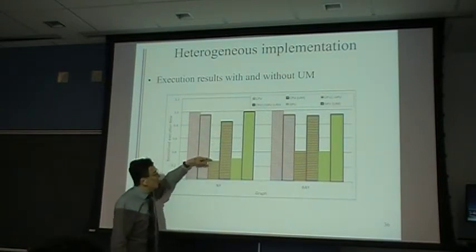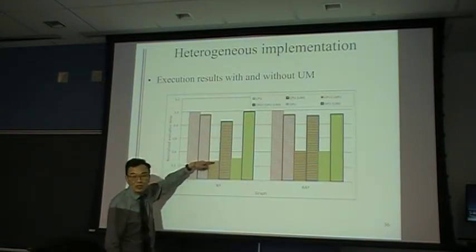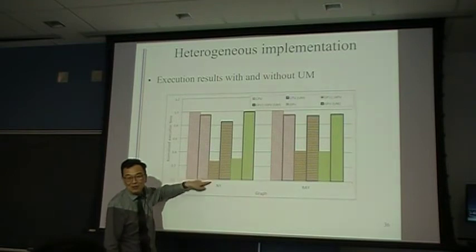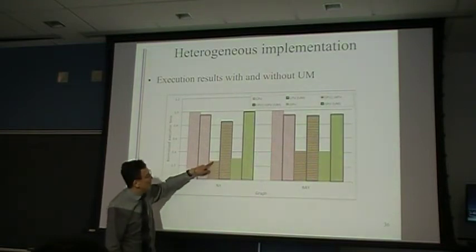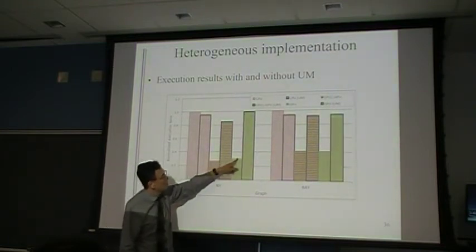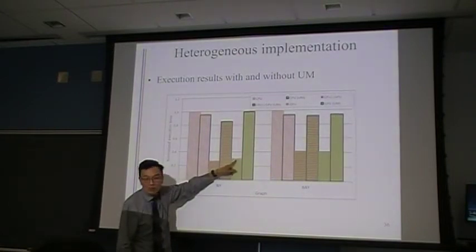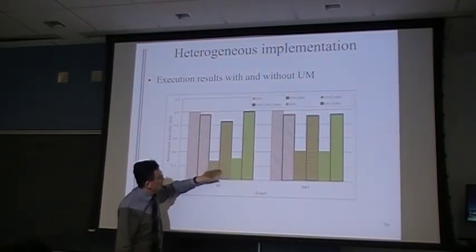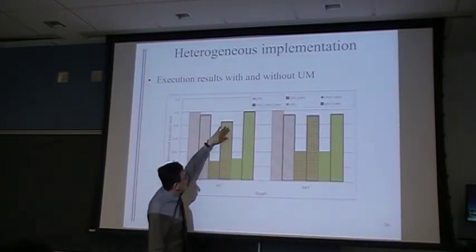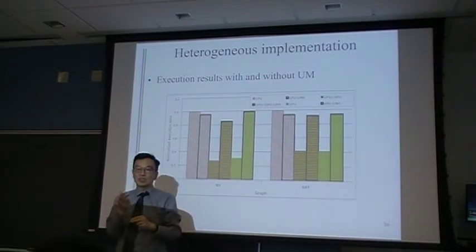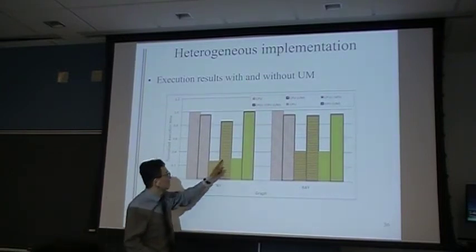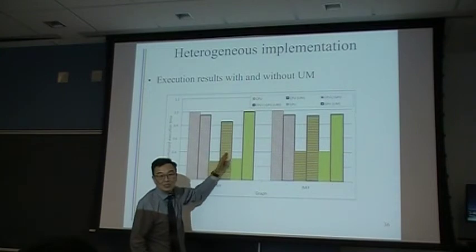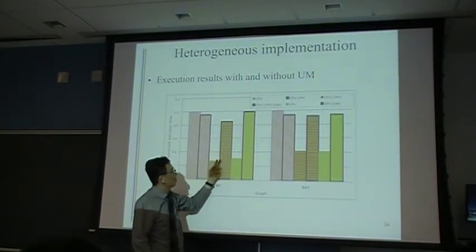So it's actually better if you just explicitly do the copy transfers. Right? The explicit copy transfer allows you to do better than executing all the frontiers on the GPU alone. But as soon as you start to use the unified memory, those extra page faults are going to essentially take away all the benefits of doing the switching.